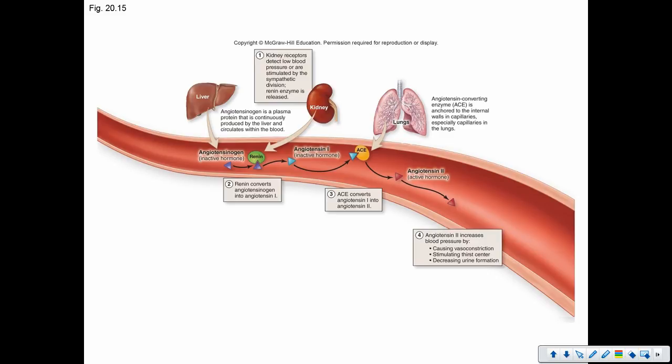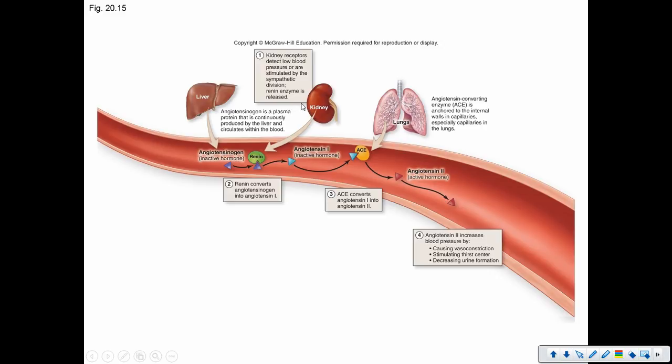Okay, so here is what we see as the renin-angiotensin 2 pathway. We didn't go through it completely when we talked about it in learning plans 4 and 5. But what we see here is that we have angiotensinogen, which is produced by the liver, okay?